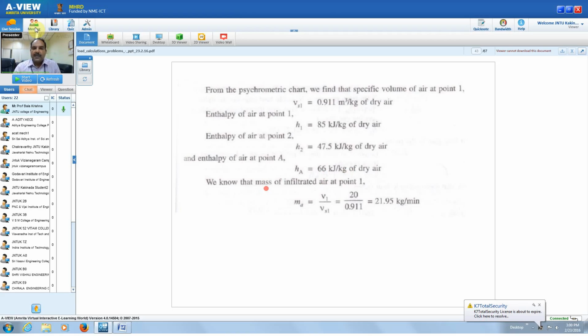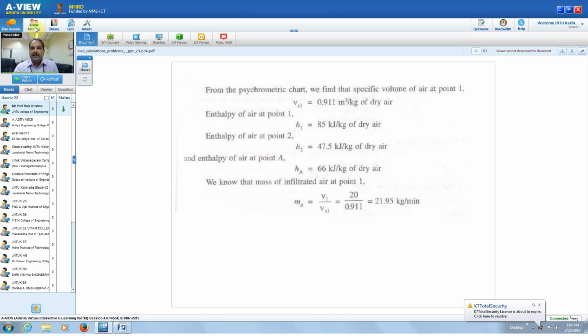And therefore, you can calculate the mass of infiltrated air at point 1 as V1 by Vs1, that is 20 by 0.91, which is equal to 21.95 kg per minute. That is the mass of infiltrated air.